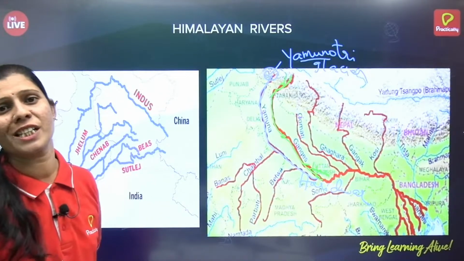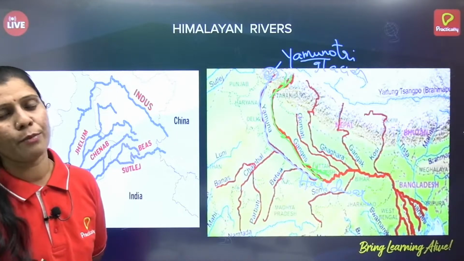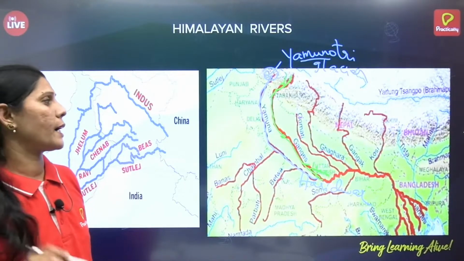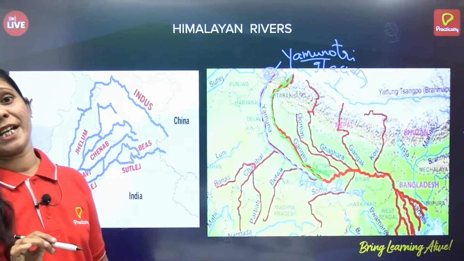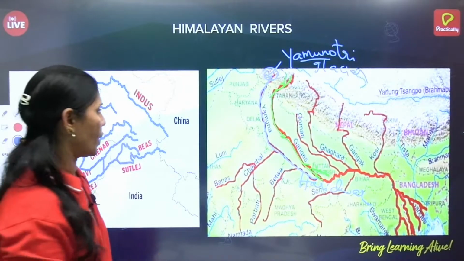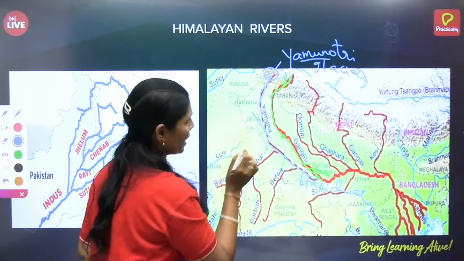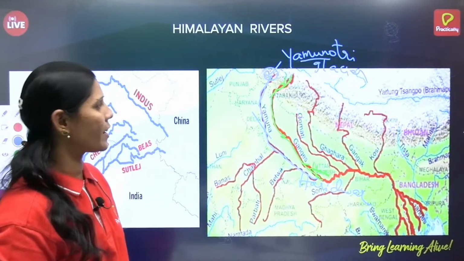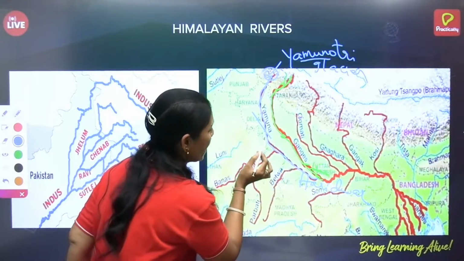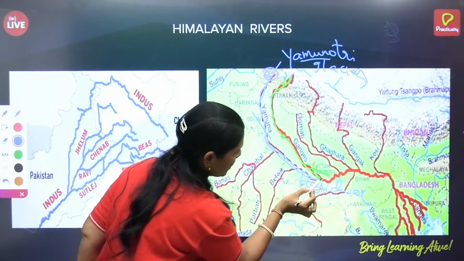You may get a question about which tributary flows parallel to the Ganga, or which is the largest tributary of the river Ganga. The answer is the Yamuna, which flows parallel and is also the largest tributary of the Ganga.